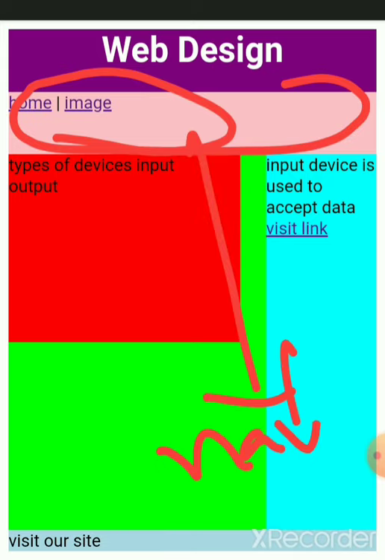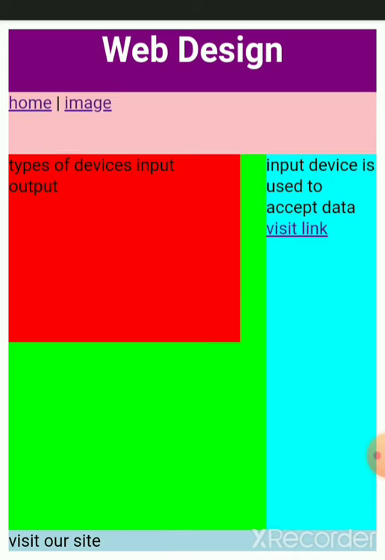So the nav tag is used, and this area is called a section. Section is used to divide the page into a number of sections. In a section you can use articles.